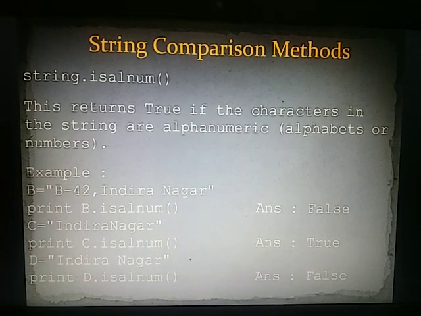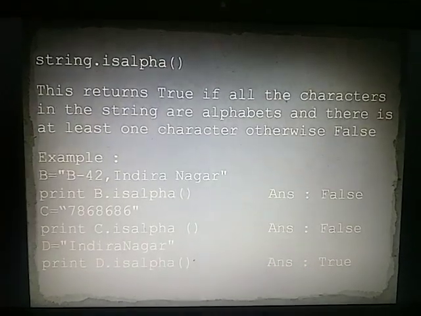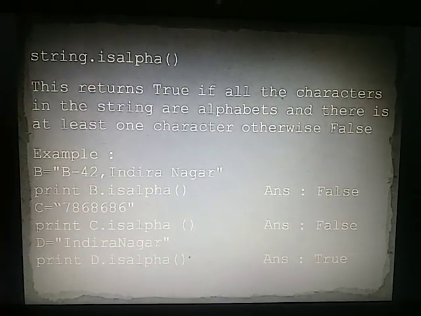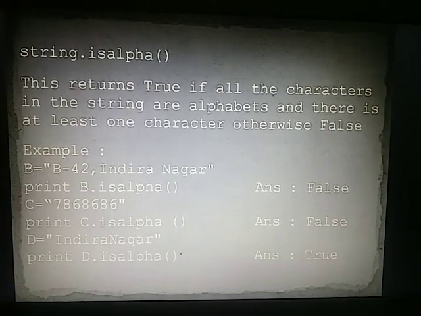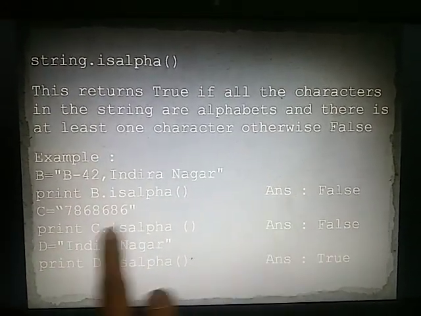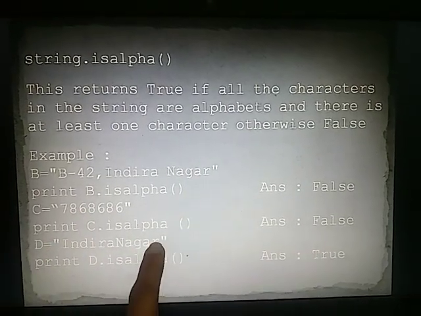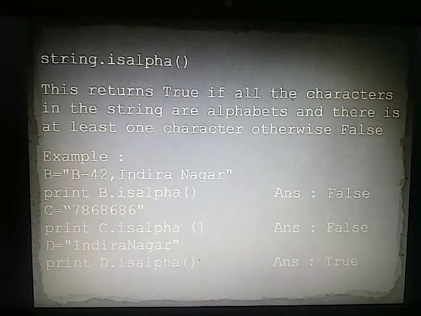Comparing the string, whether they are having alphanumeric characters or not. Similarly, the next one is isalpha, comparing for the alphabet, whether the string contains alphabets or not. As this one is not containing alphabet, that is why it is false. This is not containing alphabet, that is why it is false. It is containing all alphabets, so it is true.